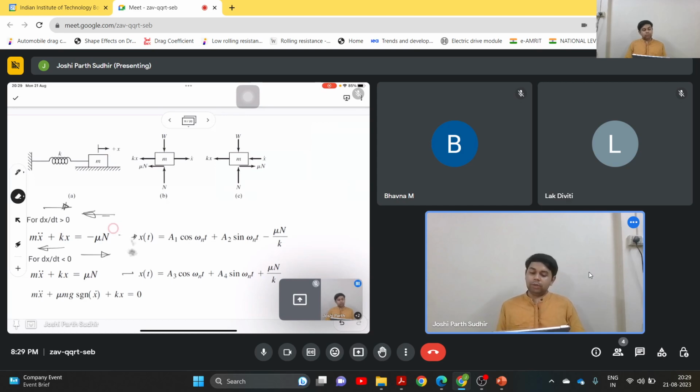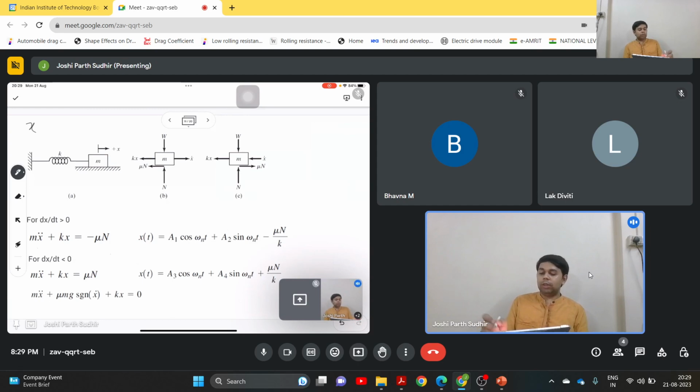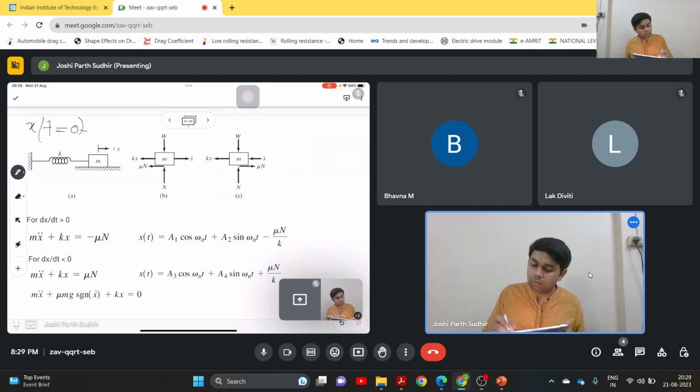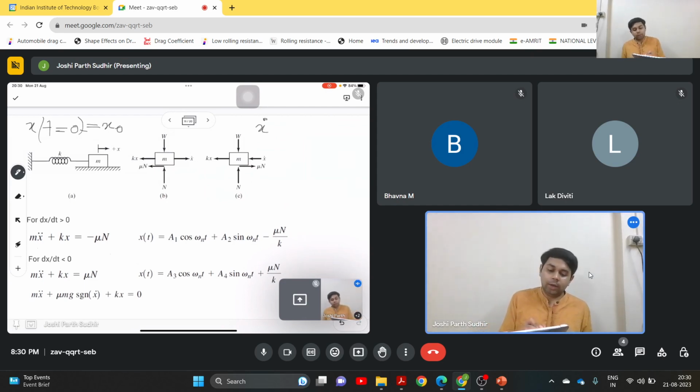Let us say we start with some initial conditions. The displacement at time t equal to 0 is x naught, and the velocity x dot at time t equal to 0 is 0.